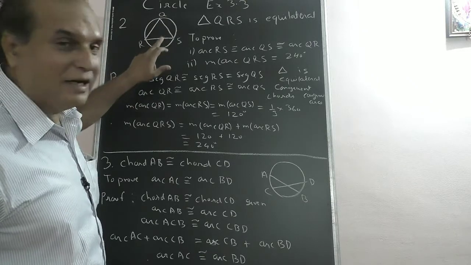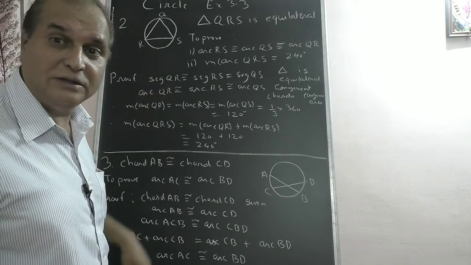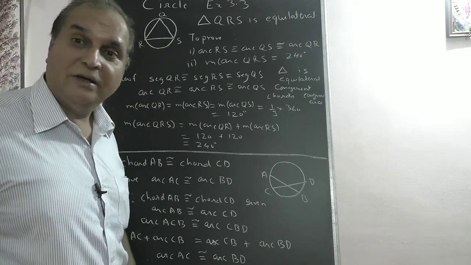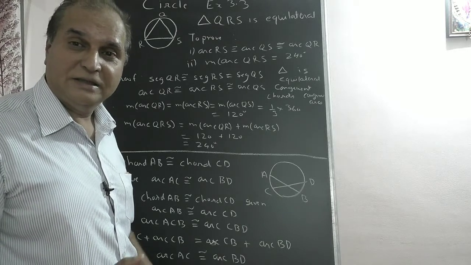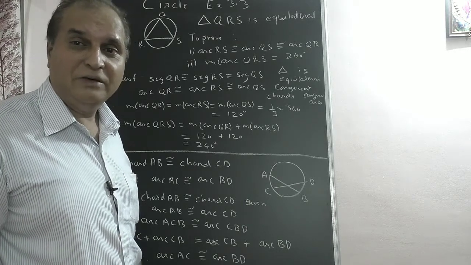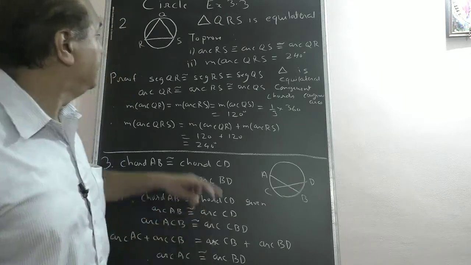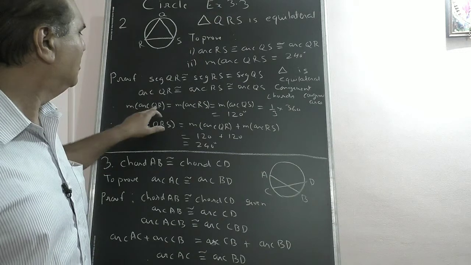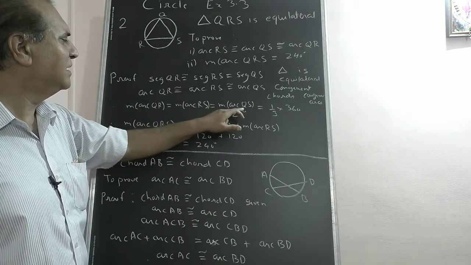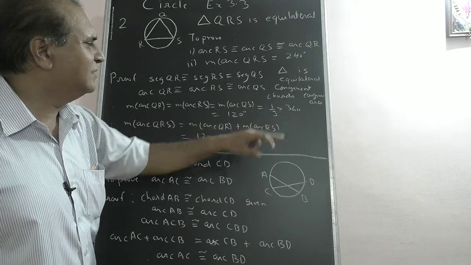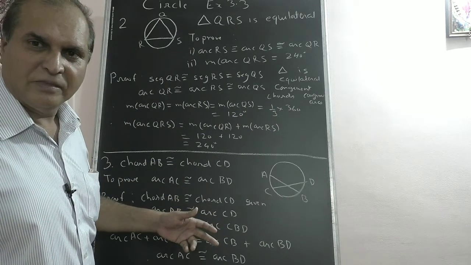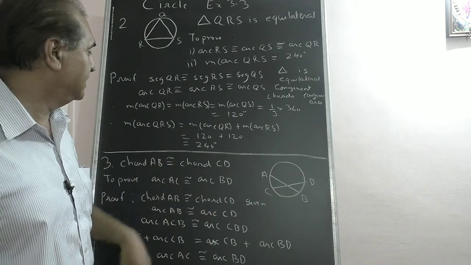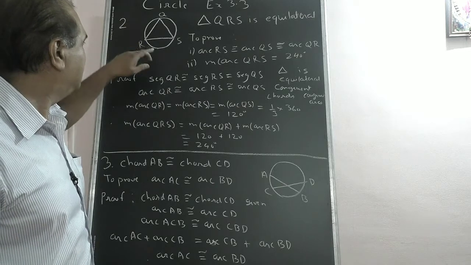There are three arcs and all three are congruent. So the measure of each arc is 360 upon 3, that is 120 degrees, right? This is 120, this is 120, this is 120. Measure of arc QR equal to measure of arc RS equal to measure of arc QS equal to 1/3 of 360, that is 120 degrees.